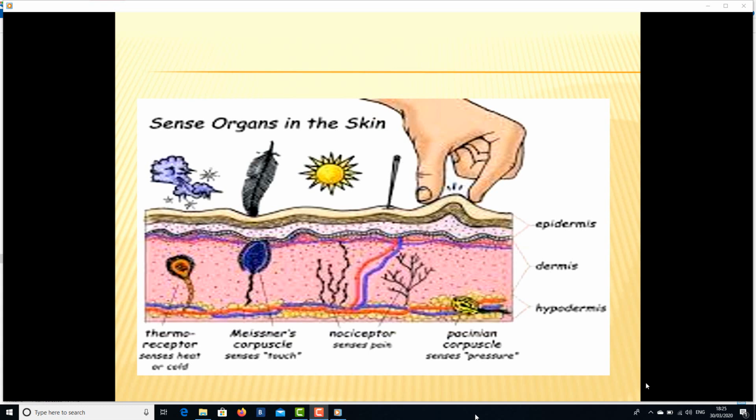You can see the different receptors, which we have already done in detail in the classification: the Pacinian corpuscle, the nociceptor, the Meissner corpuscle, and the thermoreceptor.